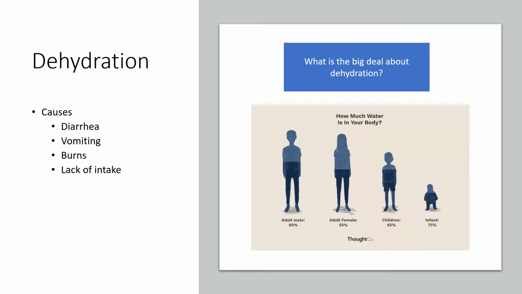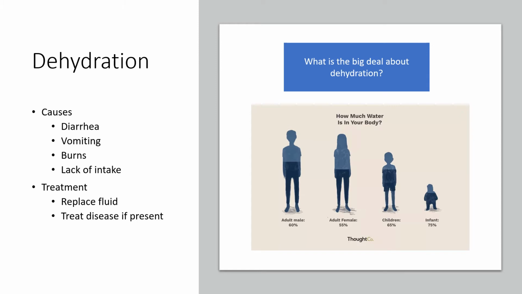This one is fluids on the bottom and solids on the top, I believe. So our baby is 75% fluid. Children are in the 60 to 70 range. A female woman is 58, 59%, and an adult male is about 60%.